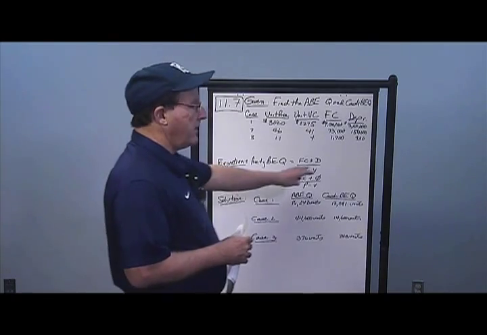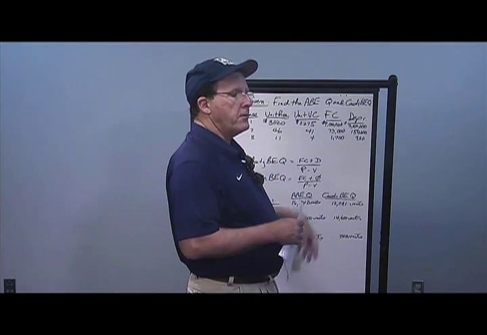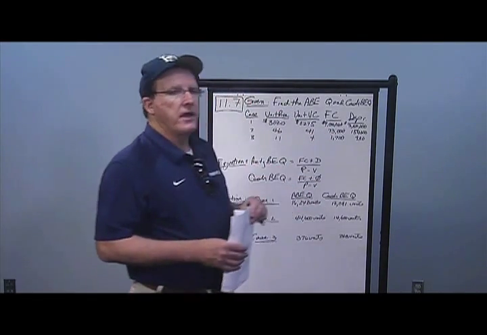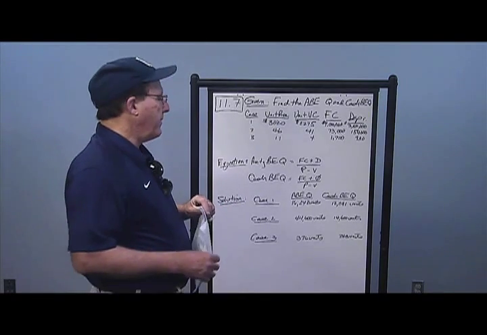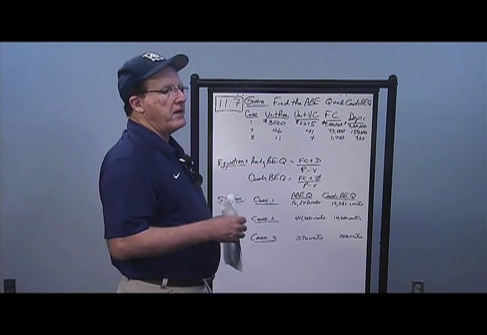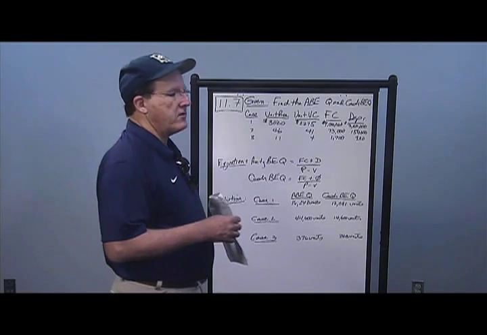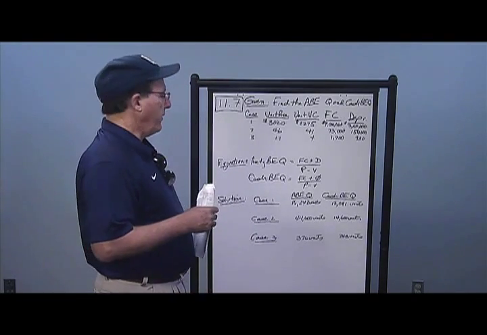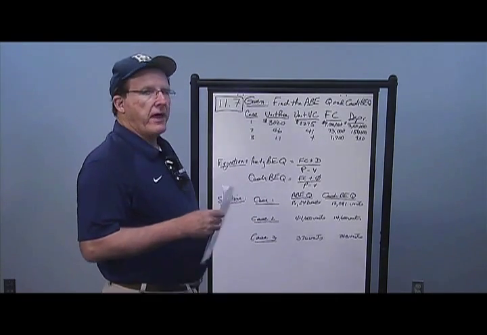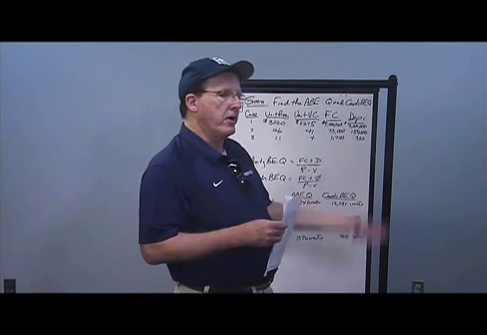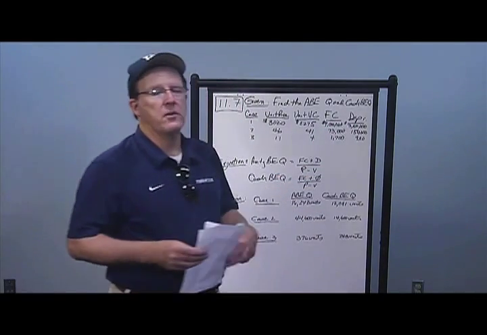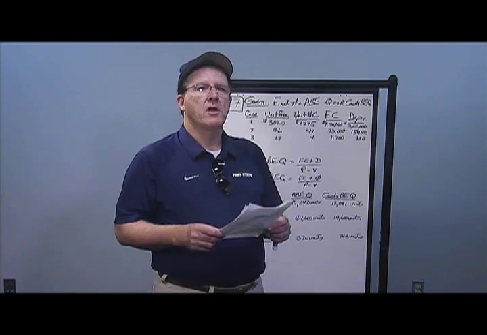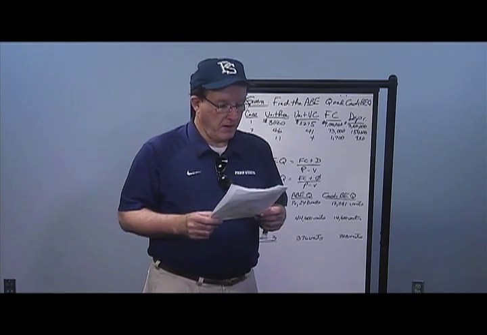And again, you can test these. You can plug these quantities back in to the income statement and build yourself an income statement. And in the accounting break-even, make sure that EBIT is 0, taxes are 0, and NPAT is 0. And in the cash break-even, make sure that OCF is equal to 0 after building your income statement. So you can test these answers when you're all done with them. There are your answers to problem number 11.7.